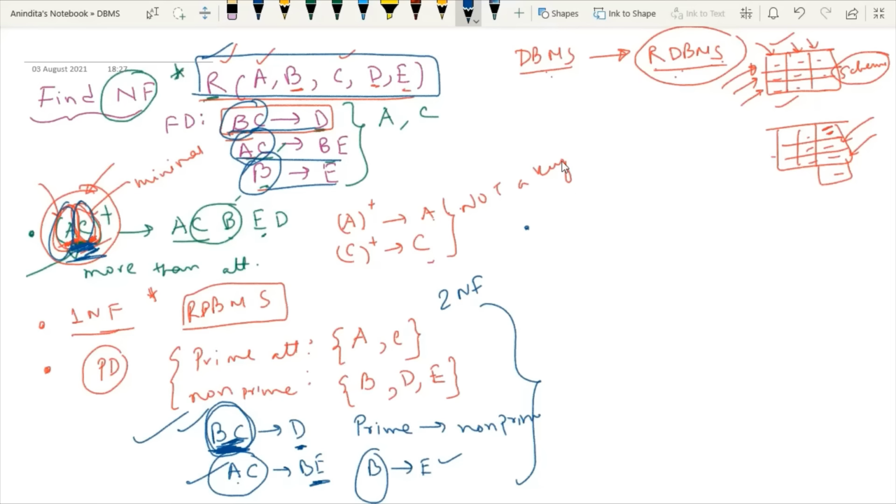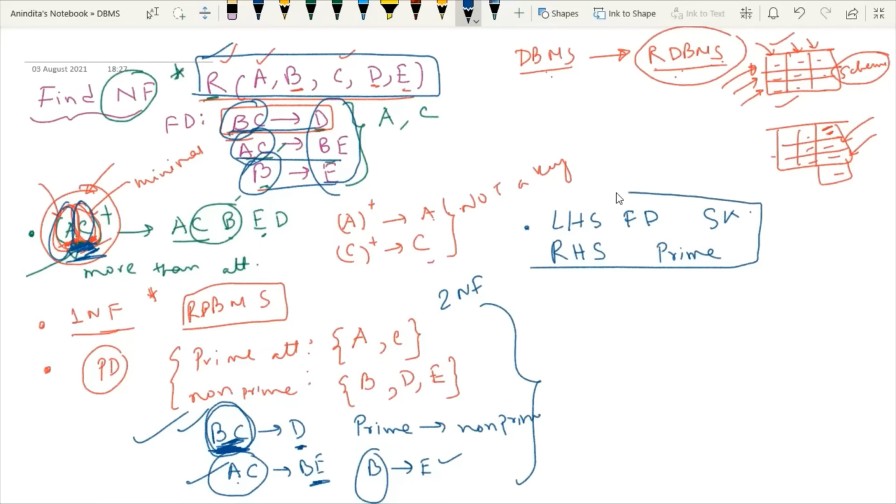The first rule is that the LHS of the functional dependencies should be a super key, all the LHS. And the next condition is that the RHS should be a prime attribute. This is the actual definition of 3NF.